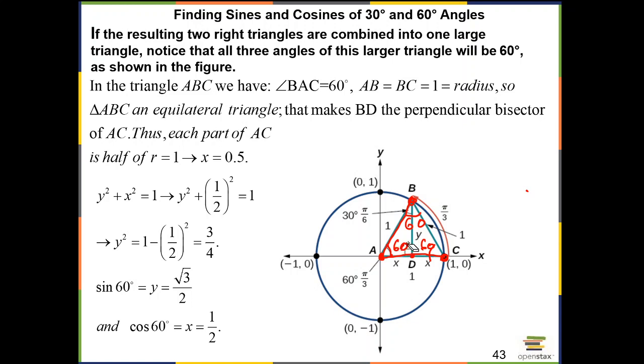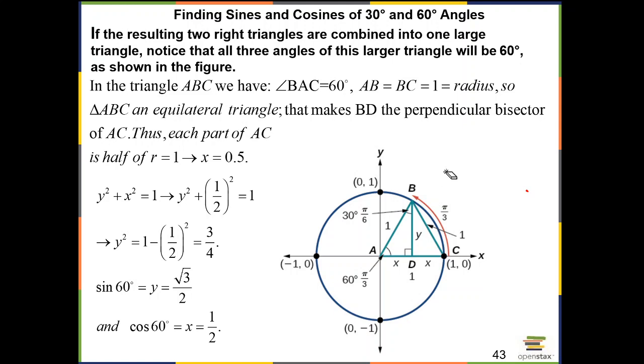So let me do this again. This angle has to be equal to this angle, but we know this one is 60. How much is left for these two? 120. But since they have to be equal, each of them has to be 60. So this is an equilateral triangle.